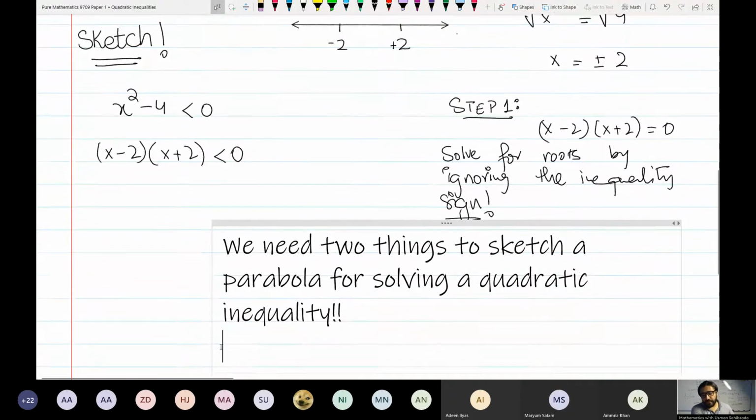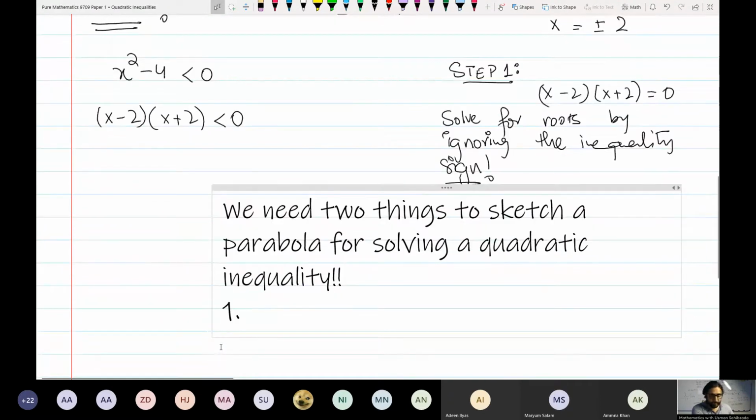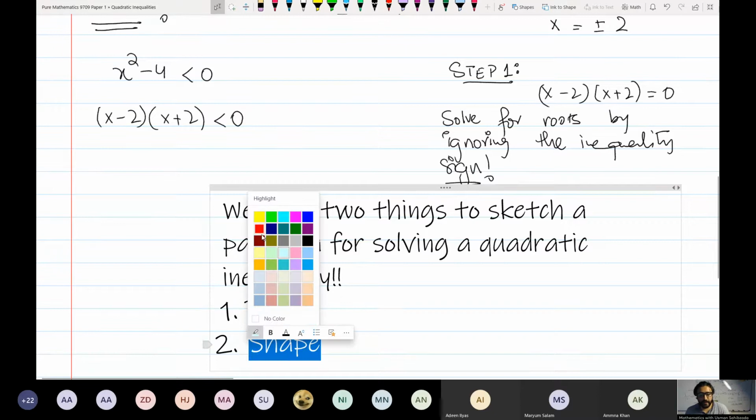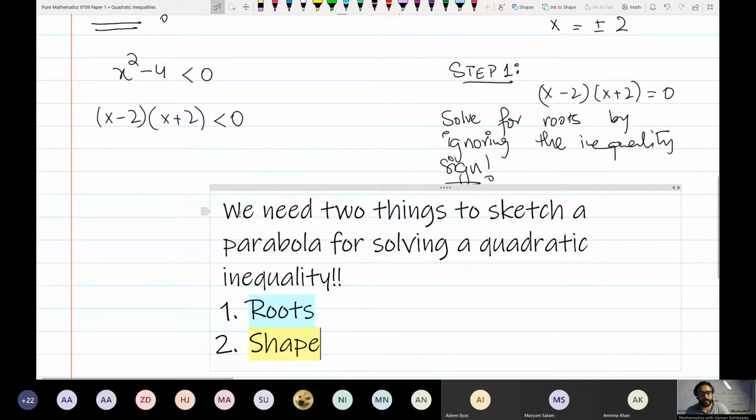And those two things are, number 1, the roots. Number 2, the shape. These are the keys. These are the key elements. One is the root and the other is the shape. They are the key features.